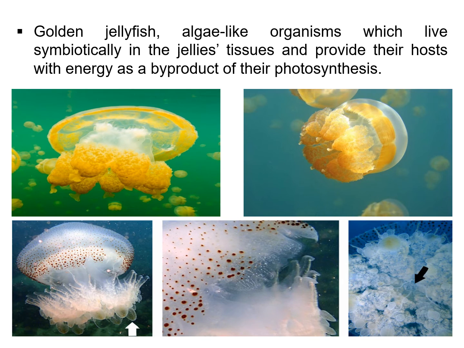And this will be the final example I'm sharing with you under the class of mutualism, where we have the golden jellyfish with algae-like organisms which live symbiotically in the jelly's tissue and provide their host with energy as a byproduct of photosynthesis.